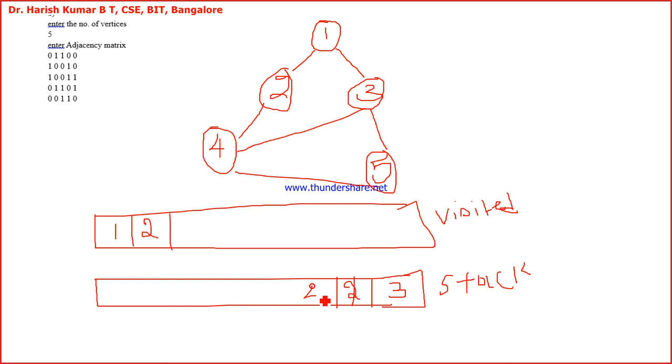So I add 4. 1 is already there, 4 is pushed onto the stack, and the next node to visit is 4. So 4 is visited, this is also popped, and next I look for the adjacent nodes of 4. Adjacent nodes of 4 are 3 and 5.